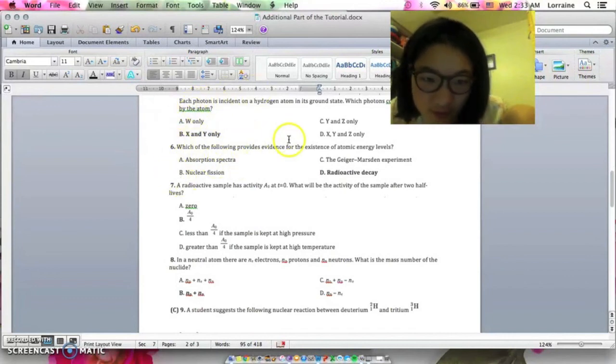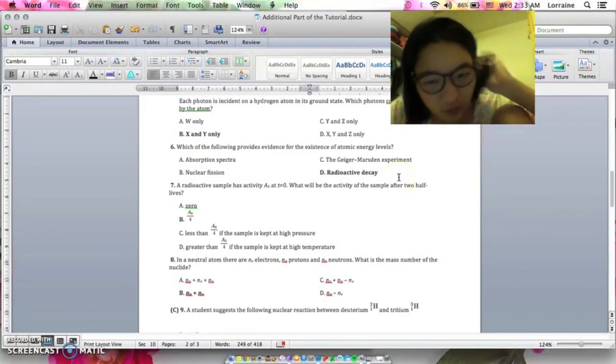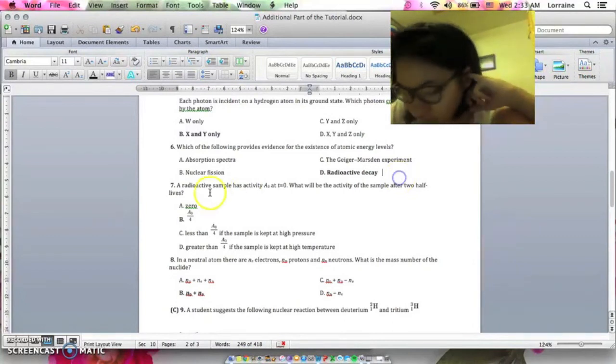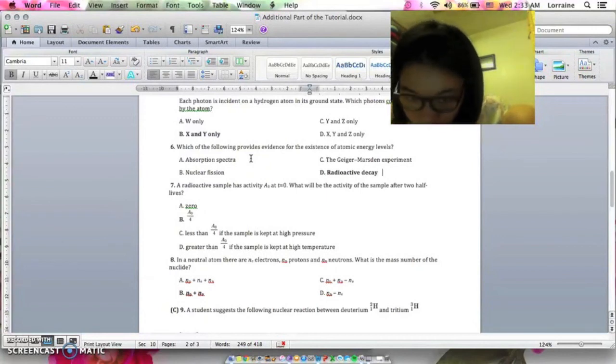For number 6, which of the following provides evidence for the existence of atomic energy levels? It's radioactive decay. Absorption spectra is defined as a spectrum of electromagnetic radiation transmitted through a substance. For nuclear fission, the definition is a nuclear reaction in which a heavy nucleus splits with energy release.